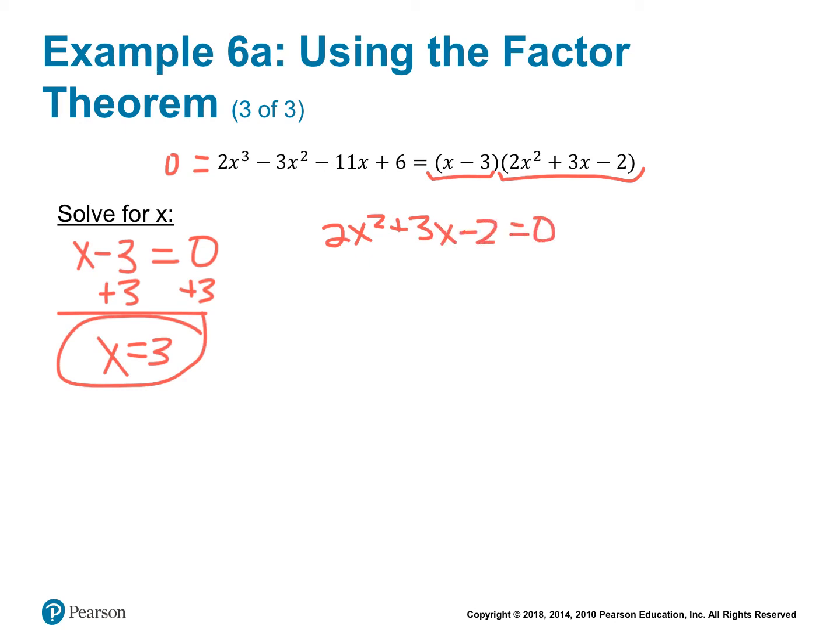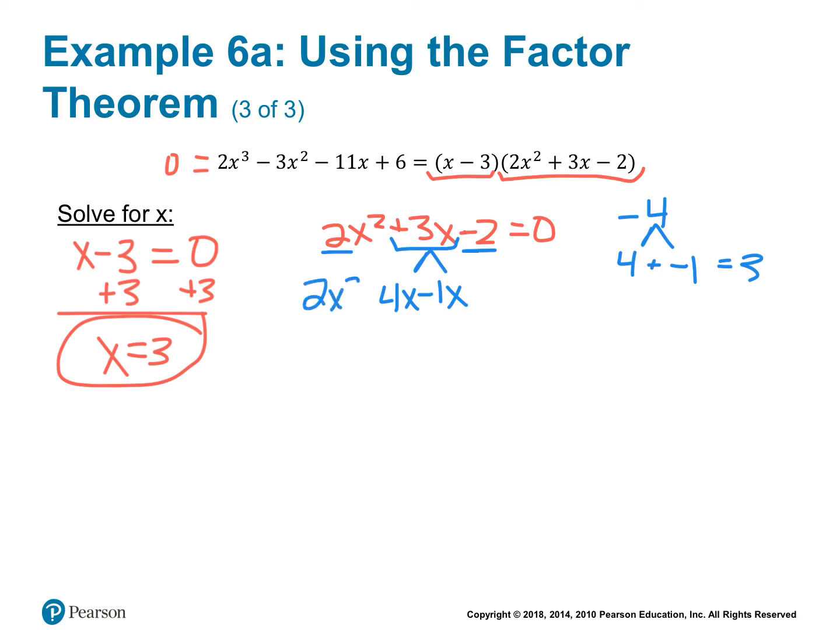Okay, so we need to factor this trinomial down. You could use quadratic formula, but I know this one factors well, so if I multiply these two, I get negative 4. So I need to find factors of negative 4 that add up to positive 3. So I'm going to use 4 and negative 1, because that would add to positive 3. So I'm just going to split this into a 4x minus 1x. That's the same as 3x.